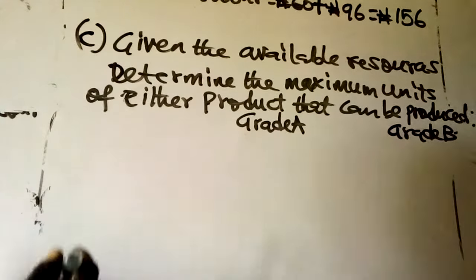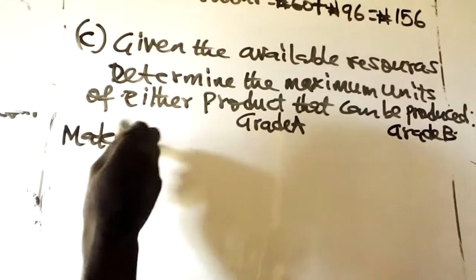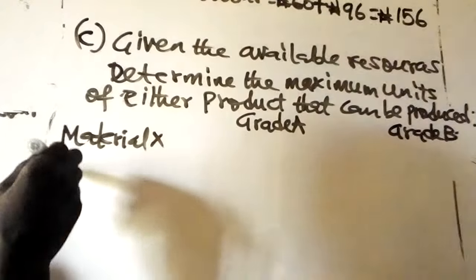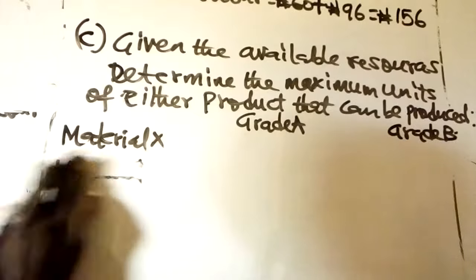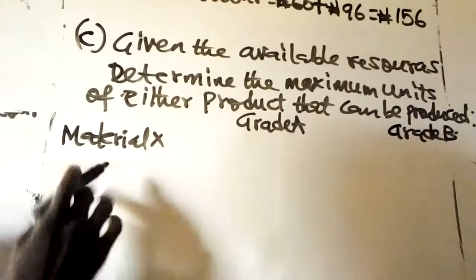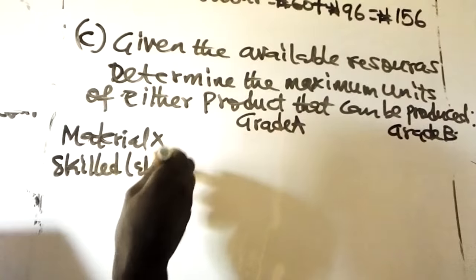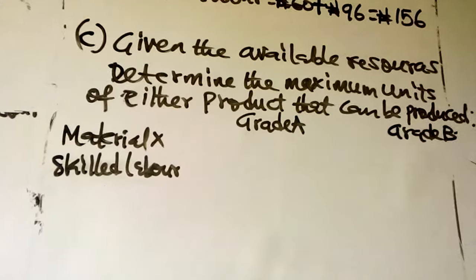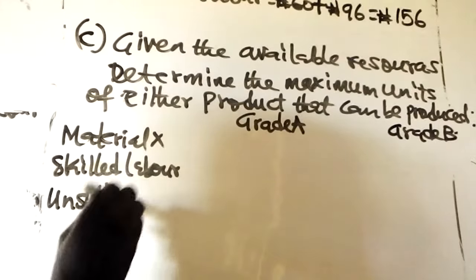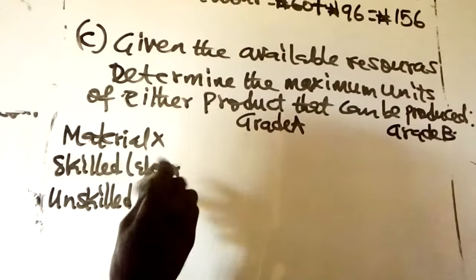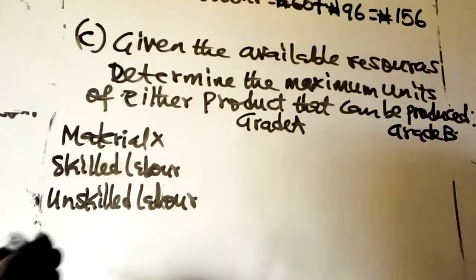Our limitations: we have material X, material Y, skilled labor, then we have unskilled labor, then we have machine time.